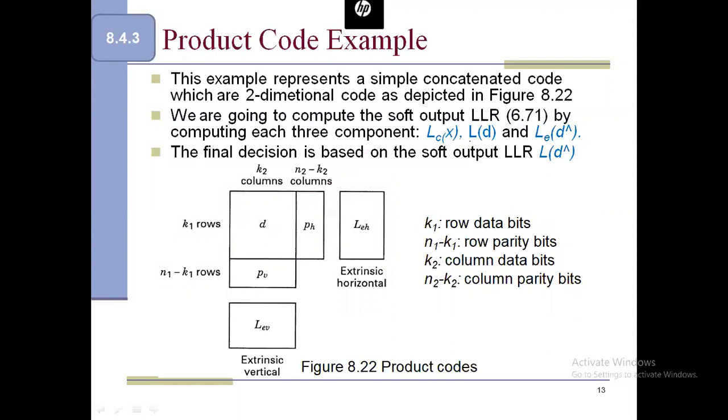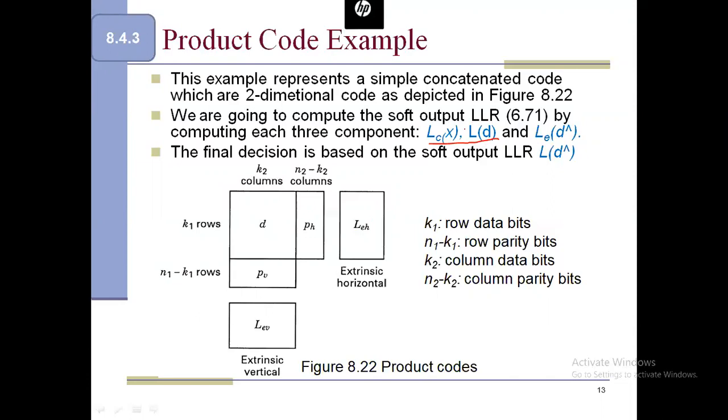Initially, we sum up these two values, and we take the value of this as 0.